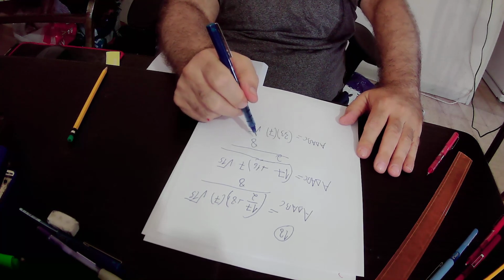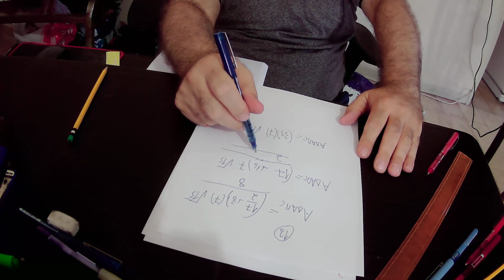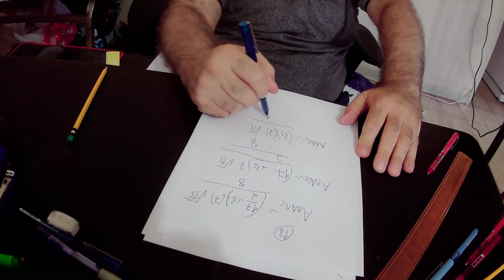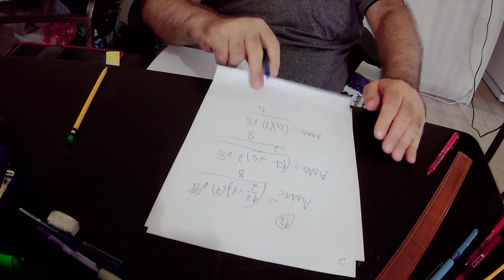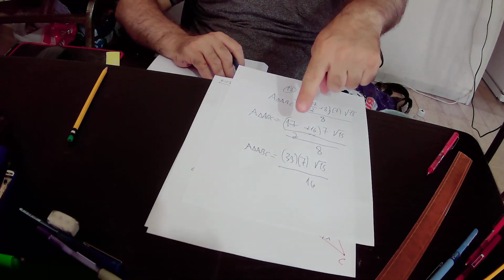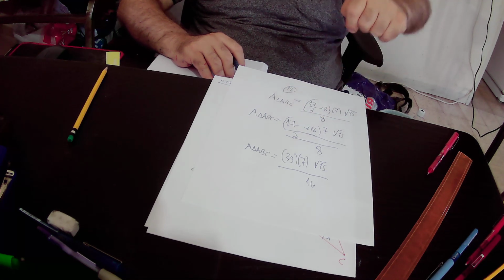Again, we will move 8 to the denominator, and 2 times 8 is 16. So in total we got that the area of triangle ABC equals 33 times 7, which is 231.